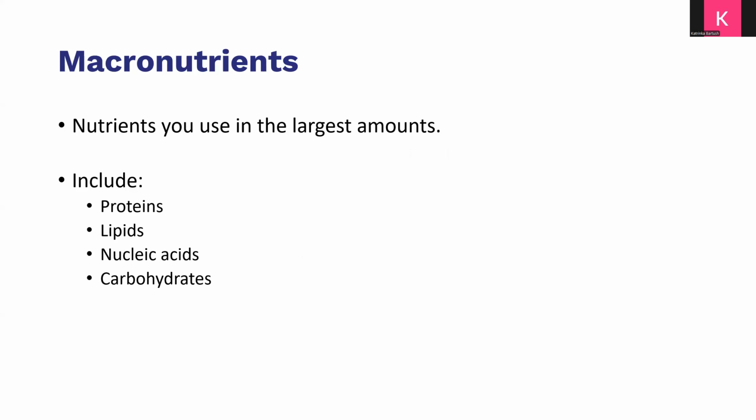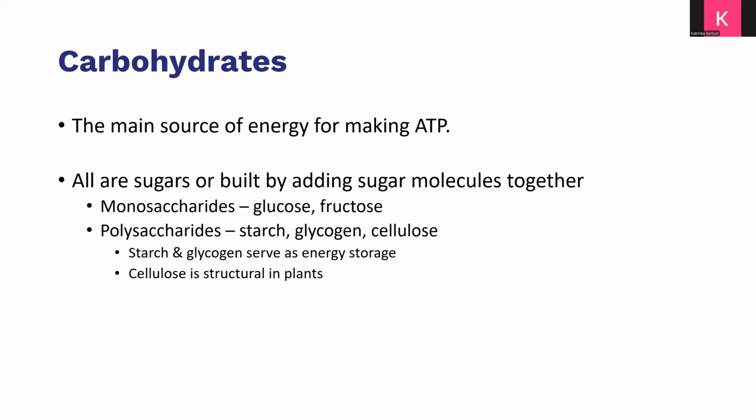A little bit about macronutrients. Nutrients that we need or use in the largest amounts are called macro because that's big, macronutrients. So this includes proteins, lipids, the nucleic acids, as well as carbohydrates. Carbohydrates are the main source of energy for making ATP. All of them are sugars or are built by adding sugar molecules together. And I mentioned this before with glucose, but another sugar is fructose, fruit sugar.